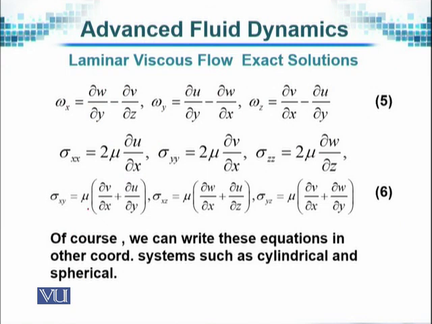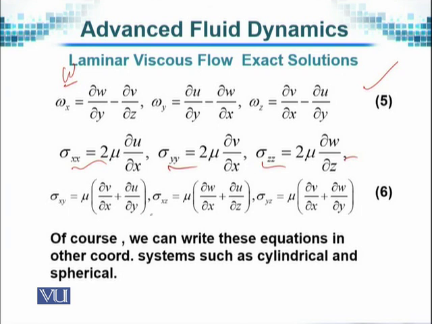Vorticity and stress related, and the stress components are defined and explicitly written in this form. If omega is the vorticity vector, the rotational effect, then its x, y and z components are given in equation 5. Similarly, the stress components are given here, and you can see altogether we have these 9 numbers.